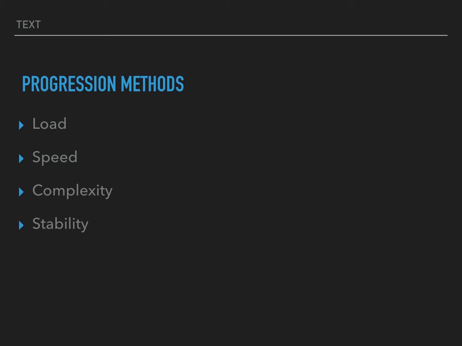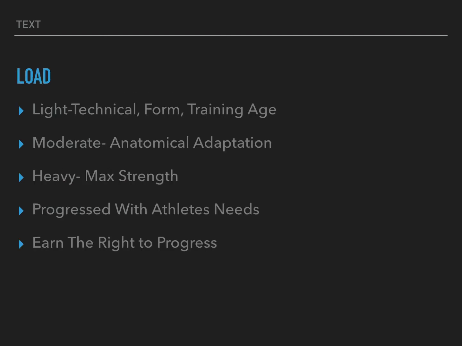And then you can progress that all the way on to, say, a single leg pistol squat, where it's unilateral. You're using one leg, and you're not using anything as support either. So that's your four different progression methods, and I'm now going to go over ways you can progress them over time, so it's not always just about increasing weights.